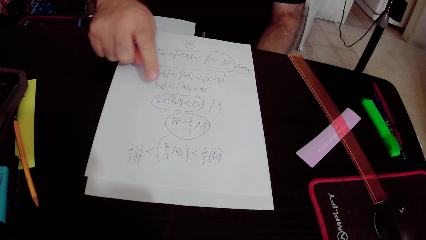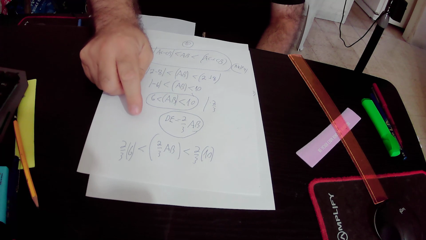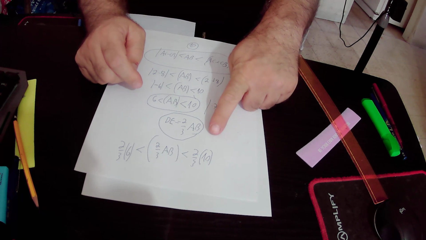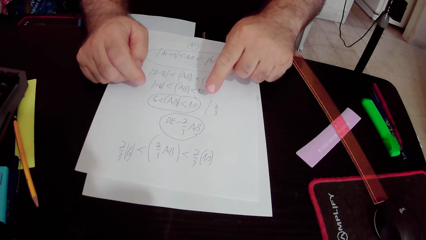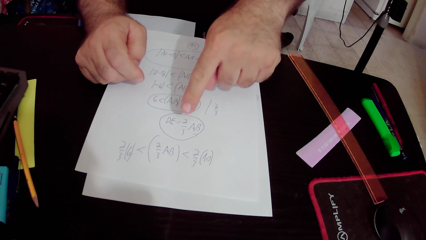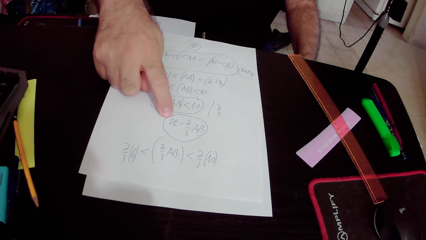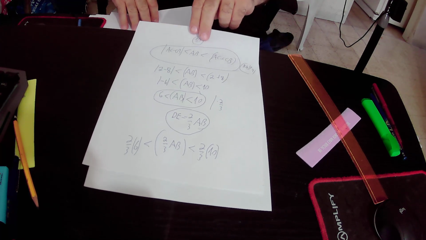AB times 2/3 is 2/3 AB. Here 6 is multiplied by 2/3 and here 10 is multiplied by 2/3. And we know that 2/3 AB equals DE, so we can substitute 2/3 AB by DE according to this equality.